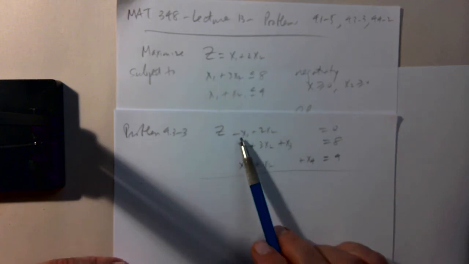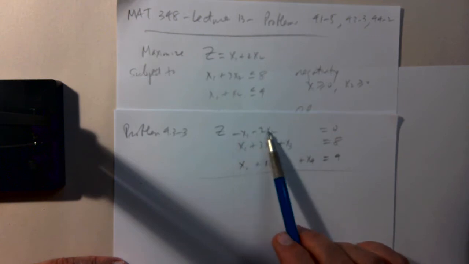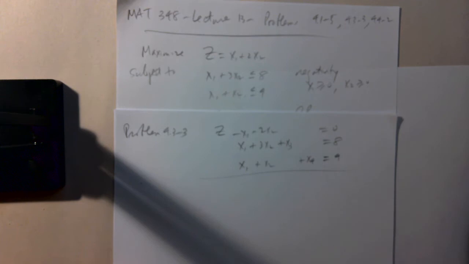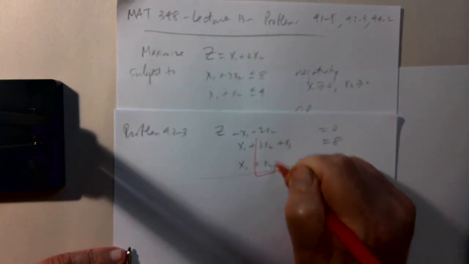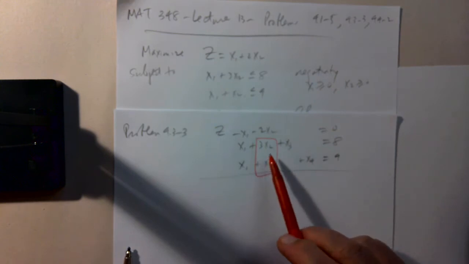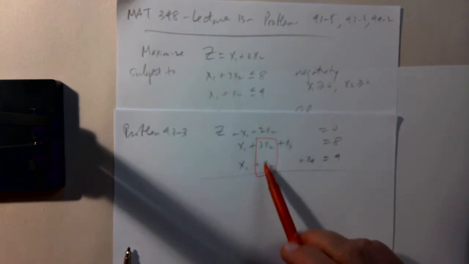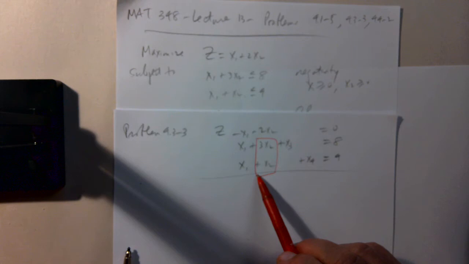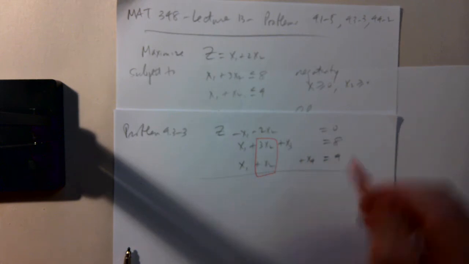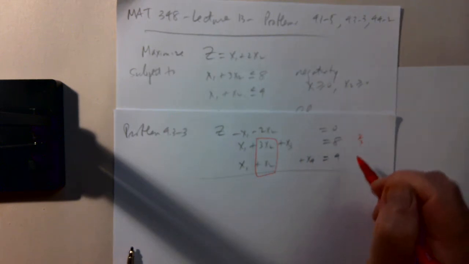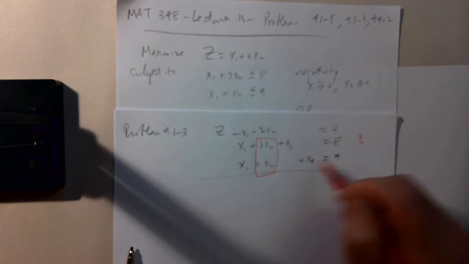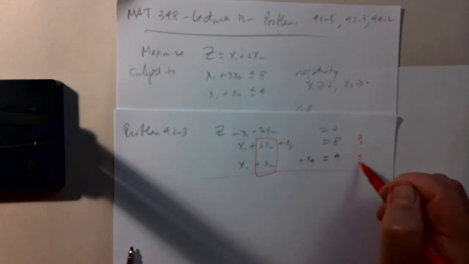So we look at this first line and we see there are negative coefficients for x1 and x2. The larger negative coefficient is minus 2. So we're going to use this as our pivot column. We look at the ratio, 8/3, 4/1.